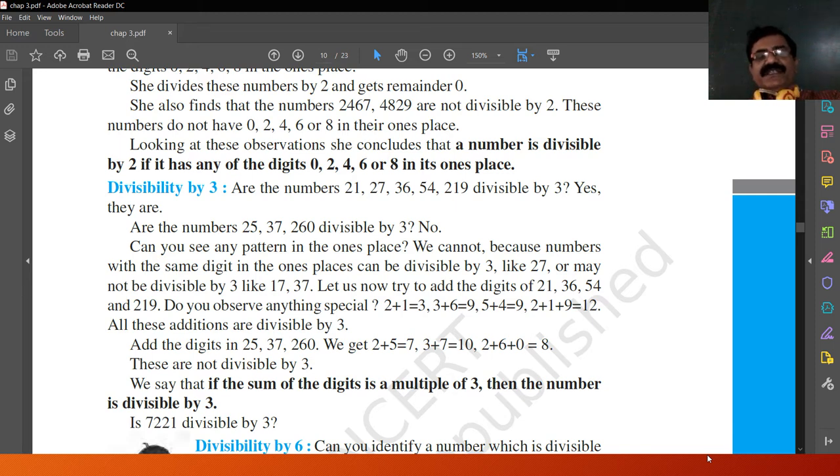In every case the sum is 2 plus 1 plus 9, 12, so it is divisible by 3. It is very clear, students: if the sum of the digits is a multiple of 3, then the number is divisible by 3.